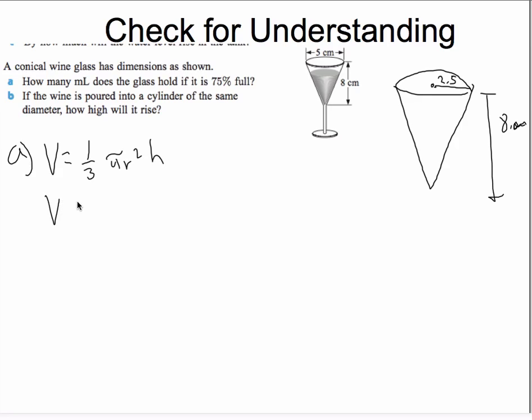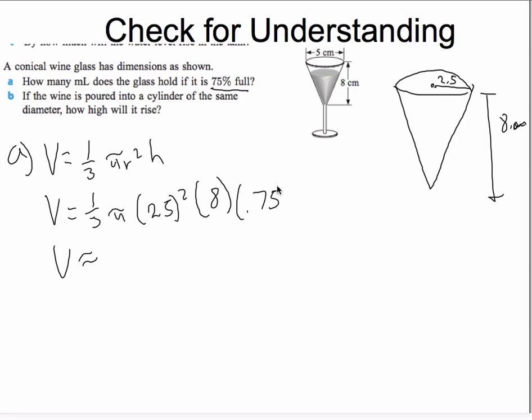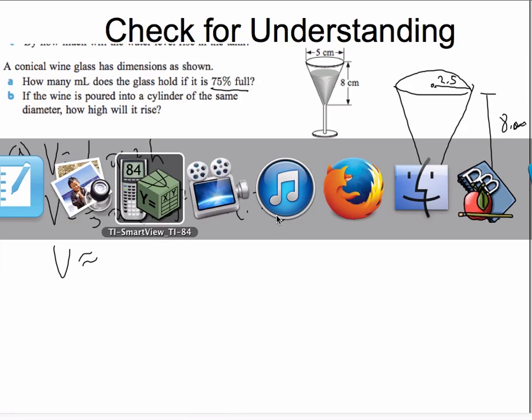So if we do that, we're going to get 1/3 pi times 2.5 squared times the height, which is 8. Okay, let's work that out on the calculator. Actually, let's take care of the 75% business. So it's only 75% full, so we're going to multiply this also by 0.75.